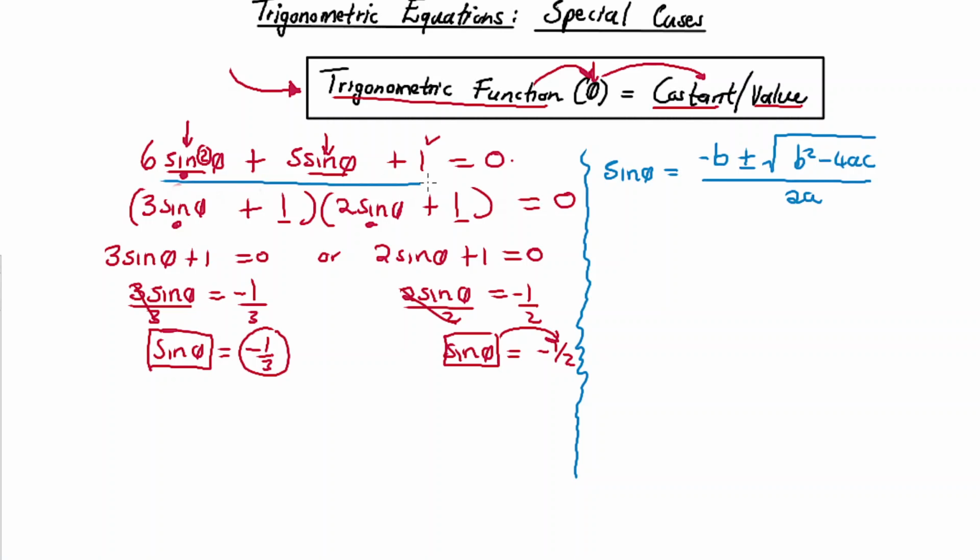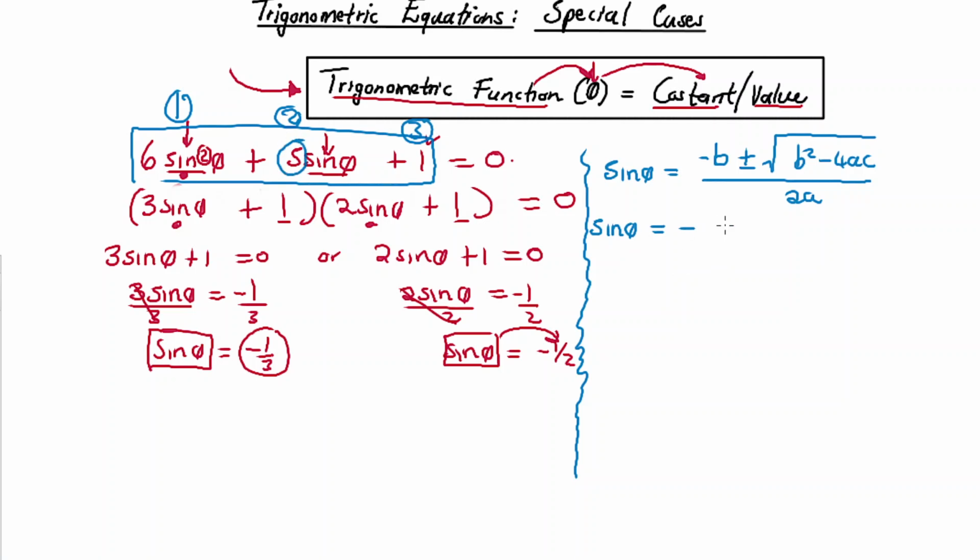This is a quadratic equation. How do I know? There are 1, 2, 3 terms. The first sine is squared, the next sine is not squared, and the last term does not have any sine. It is a quadratic equation. So now I'm going to have sine theta equal to minus, what is b?